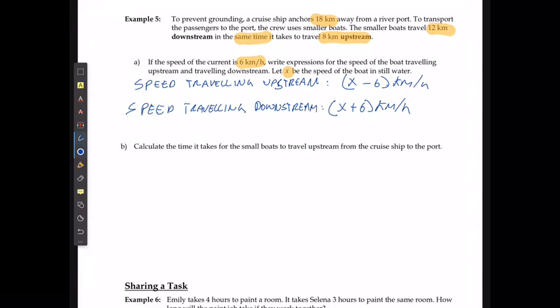Calculate the time it takes for the small boats to travel upstream from the cruise ship to port.